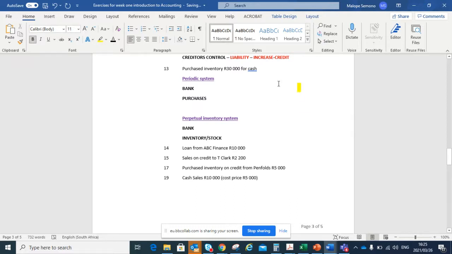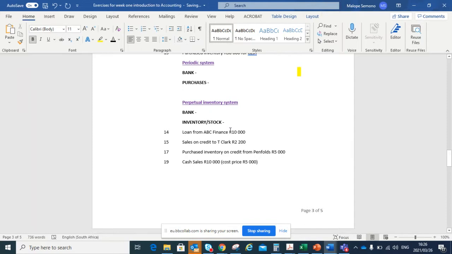Okay. Now let's analyze here. Obviously, we know what is bank. Please tell me, let's start with the periodic. How can I classify this? Bank falls under what, and purchases fall under what? Let's try, guys.